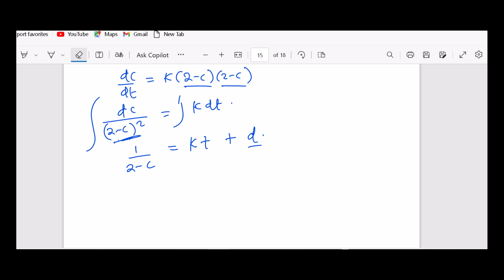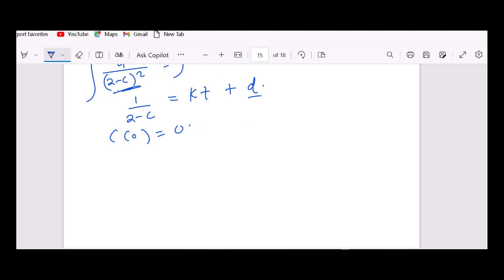So here I can find my D using the IVP over there. They said C of 0 equals 0.